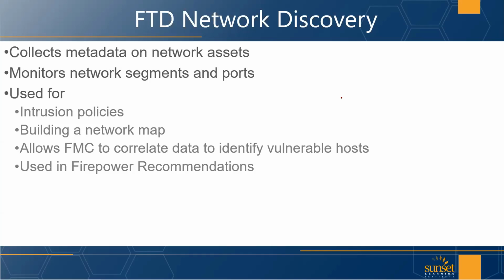And so we can better tune our intrusion policies by using Firepower recommendations, so that we can say, you know what, maybe we don't have any Linux hosts on our network. So why do we have rules in our system that have Linux? We have nothing to do with Linux vulnerabilities. We don't have Linux here.